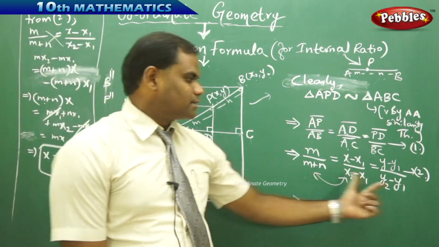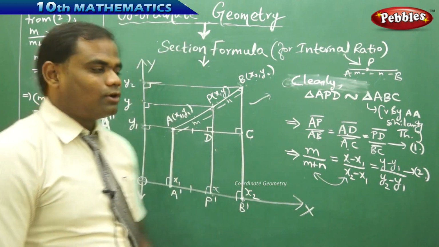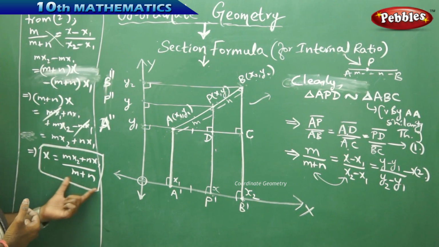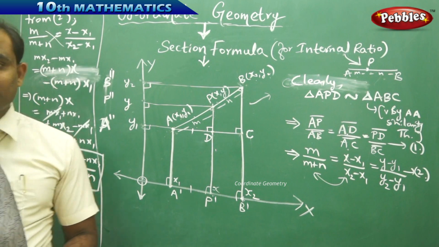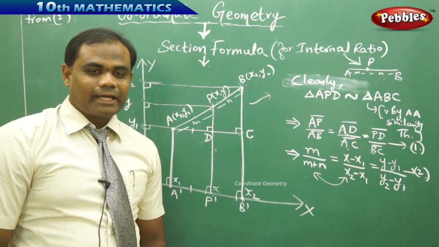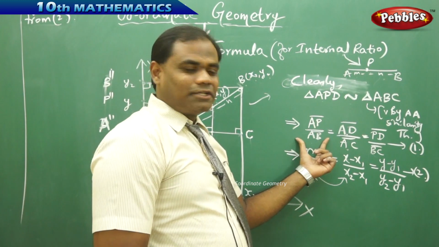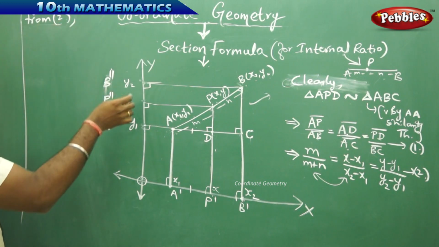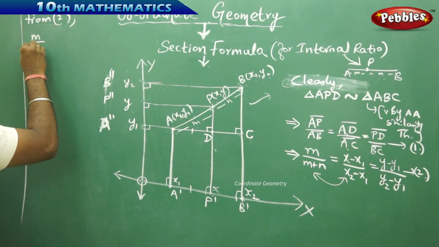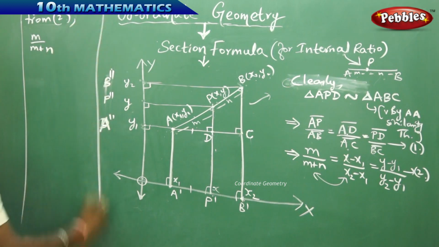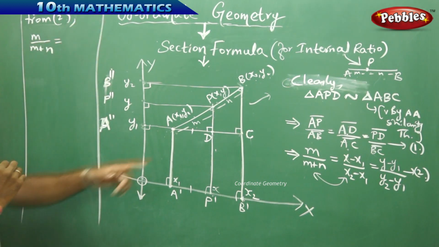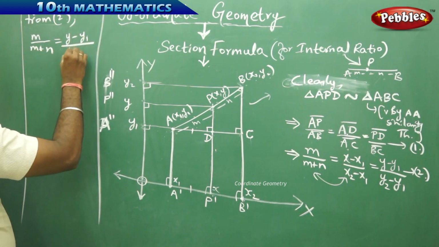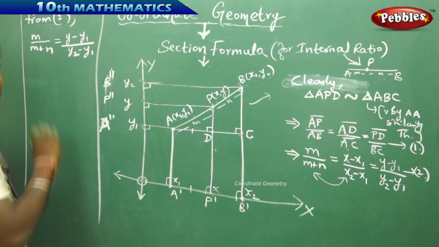Similarly, I take the first and the last ratios to get the y coordinate of P through a similar derivation. Let's see how the y coordinate is obtained by taking the first and the third ratio of equation 2. From equation 2, the first ratio, which is m by m plus n, and the third ratio, which is y minus y1 by y2 minus y1, is what I get.